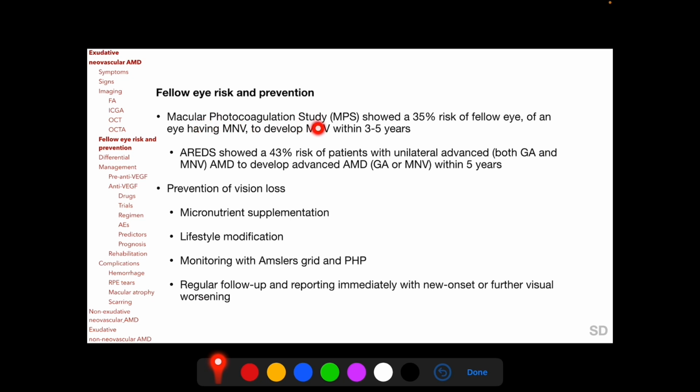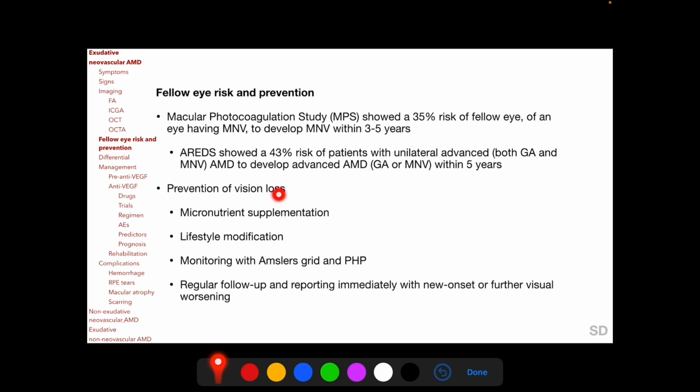The Macular Photocoagulation Study showed a 35% risk of the fellow eye of an eye having MNV to develop MNV within 3 to 5 years, and AREDS showed a 43% risk of patients with unilateral advanced AMD to develop advanced AMD in the fellow eye within 5 years, with advanced AMD including both geographic atrophy and macular neovascularization.